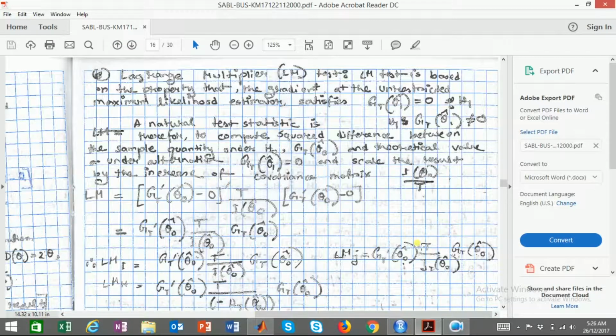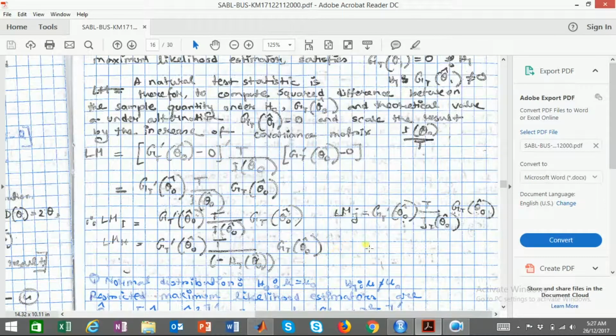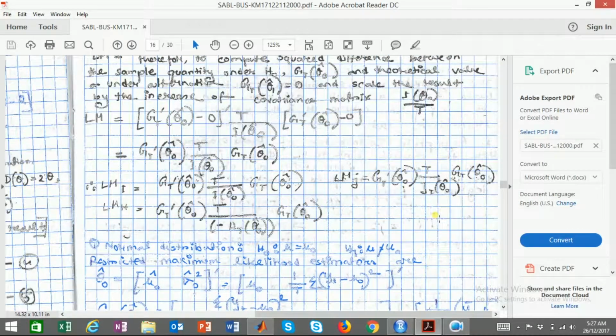Very simple. The 0 is not there, so the gradient transpose and gradient, T by I theta naught, that's all. So with the information matrix it is this, with the Hessian it is simply the negative Hessian, with the OPG, outer product of gradient, it is simply this.